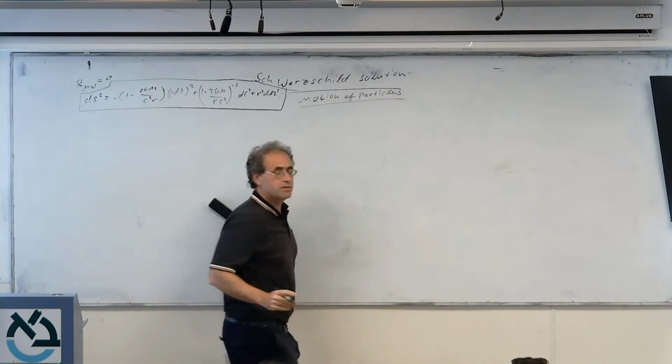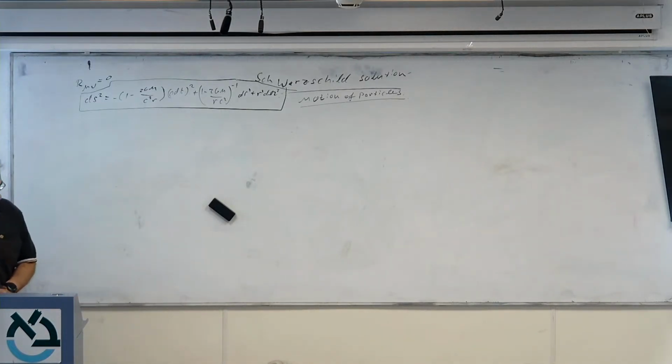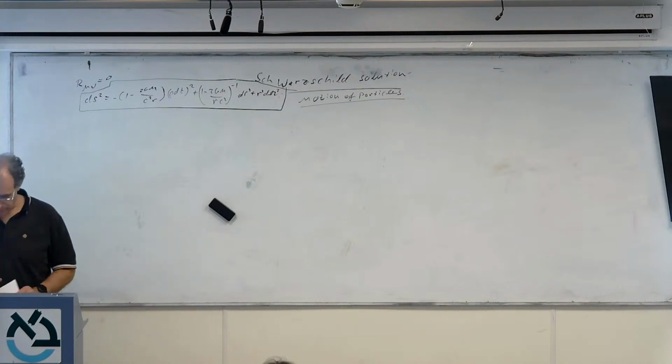So we saw that in principle we can write down the geodesic equation, but that's not going to get us too far because we end up with 4 equations which are difficult to solve.